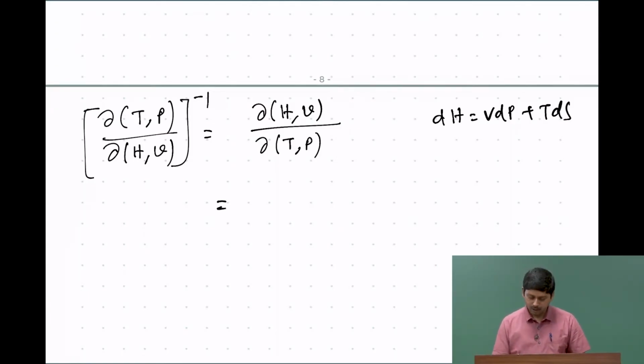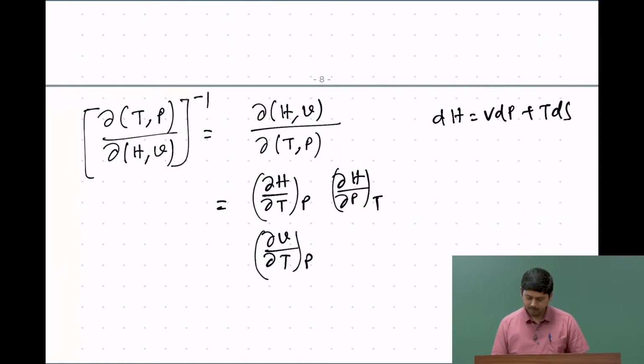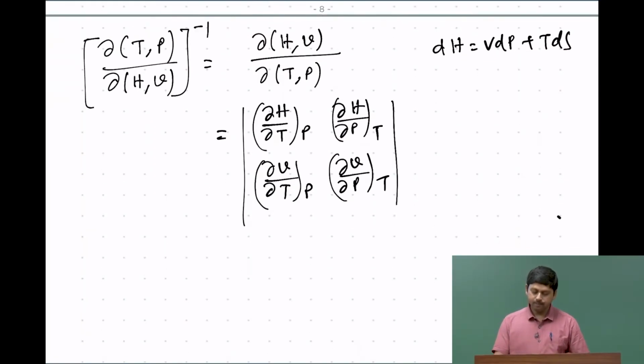So, we can write del H by del T at a constant P, del H by del P at a constant T, del V by del T at a constant P, del V by del P at a constant T. We need to get del H by del T and del H by del P. So, we can get that easily from this equation.